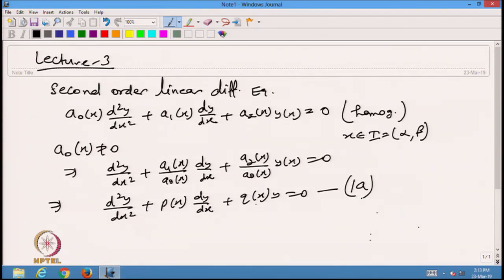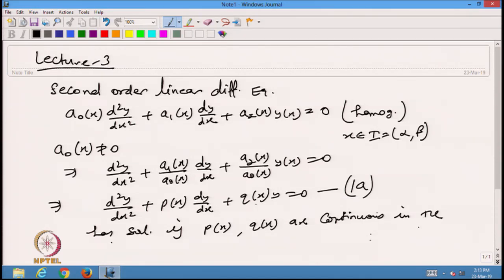In this case I assume that this equation has a solution if my p(x) and q(x) are continuous in the given domain, that is x belongs to the open interval alpha beta.